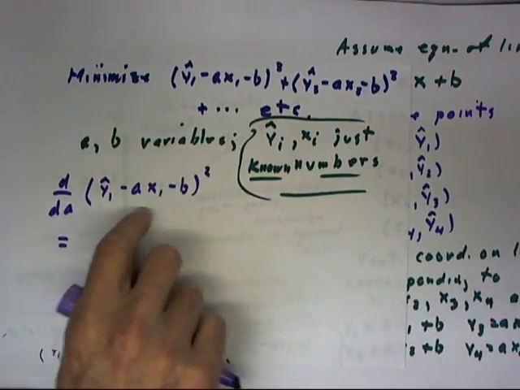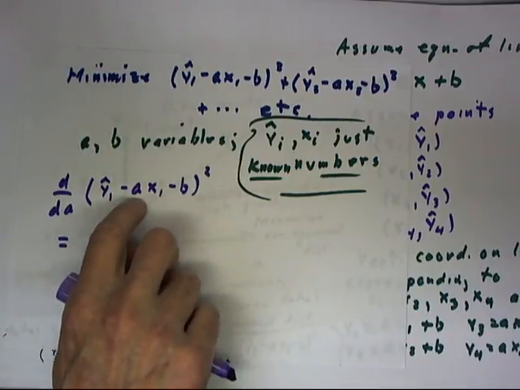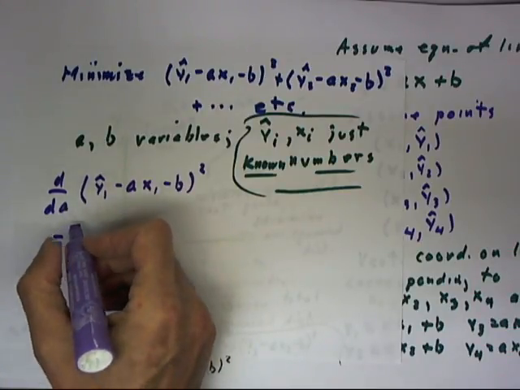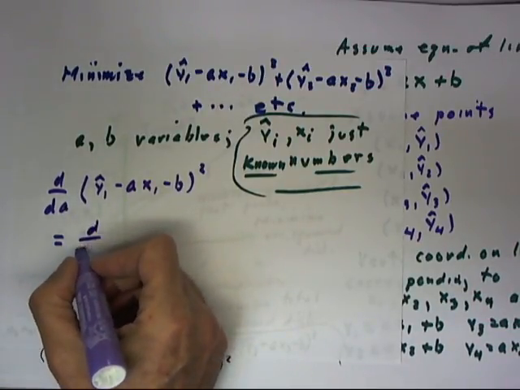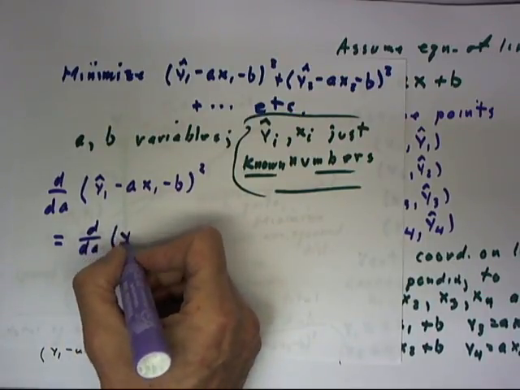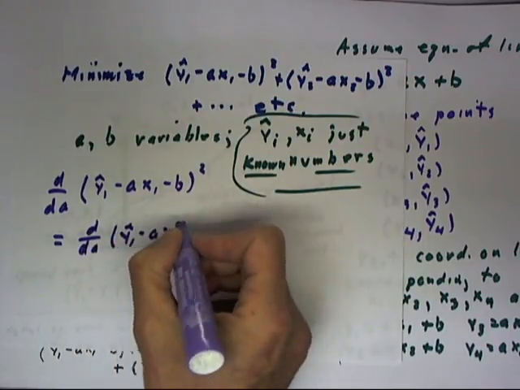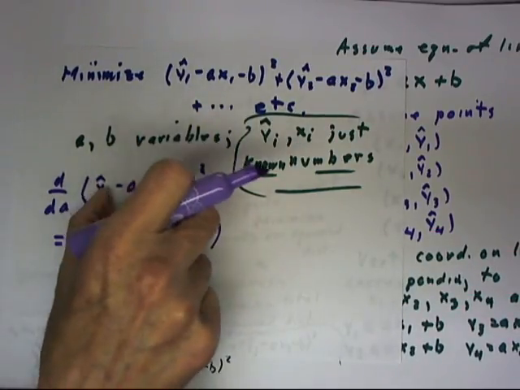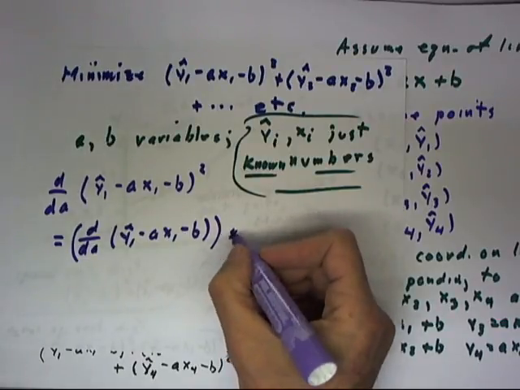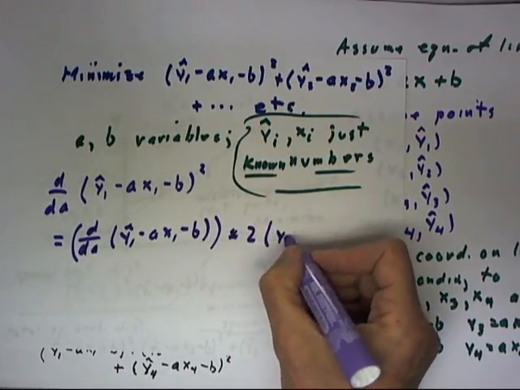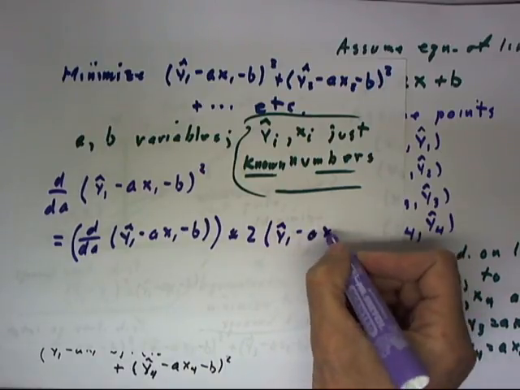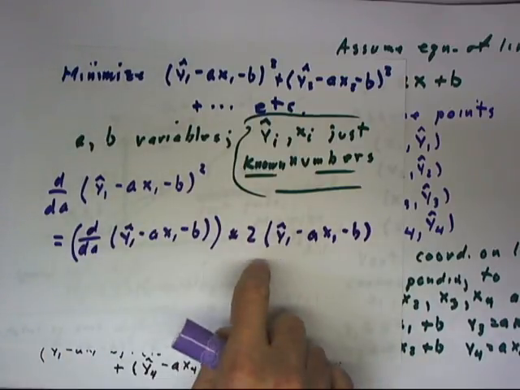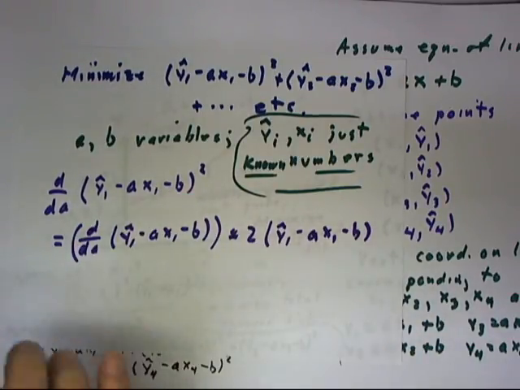This expression is a composite expression depending on a. It's the square of a function of a. So its derivative is, first of all, the derivative with respect to a of y1 hat minus ax1 minus b. That's the derivative of our inner function multiplied by 2 times y1 hat minus ax1 minus b, the derivative of the squaring function being 2 times the function.